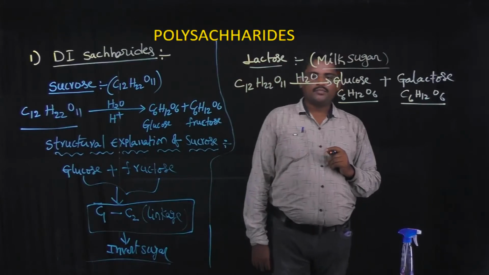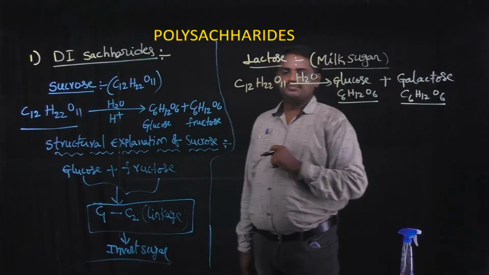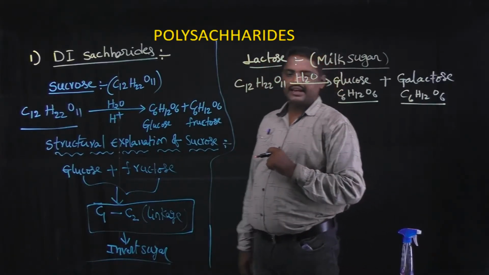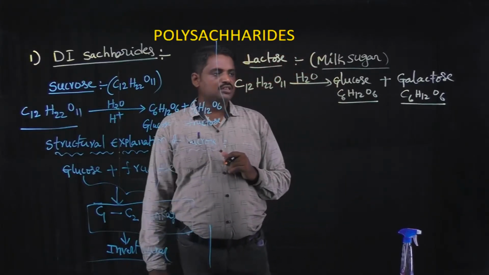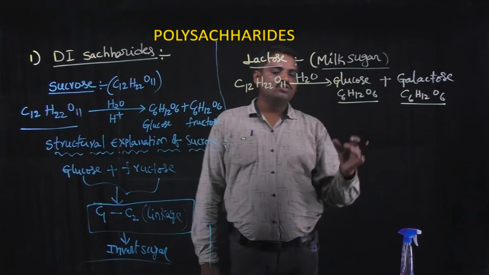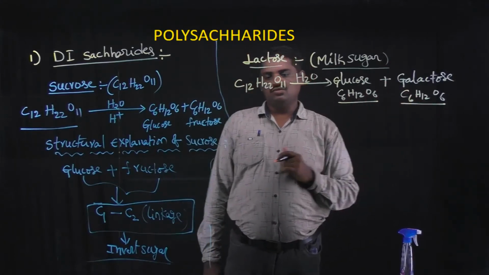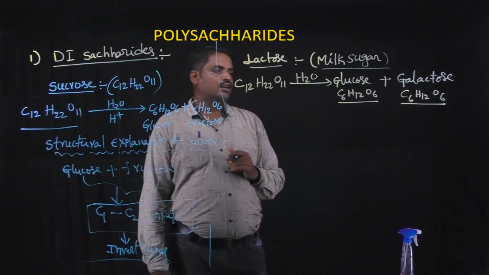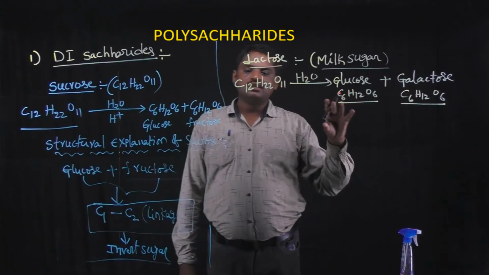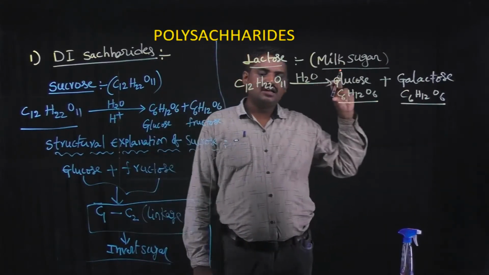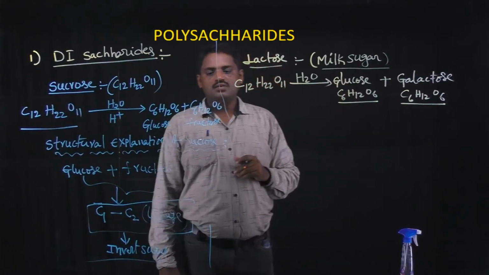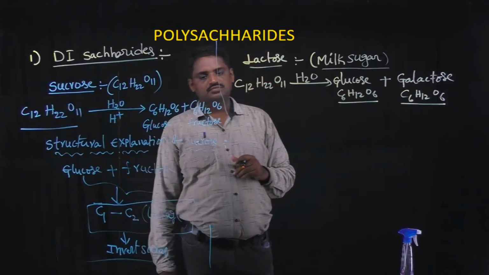Okay. And the next one, a disaccharide like lactose on hydrolysis produces glucose and galactose. Both have the same chemical formula, but only the fifth carbon configuration is different.